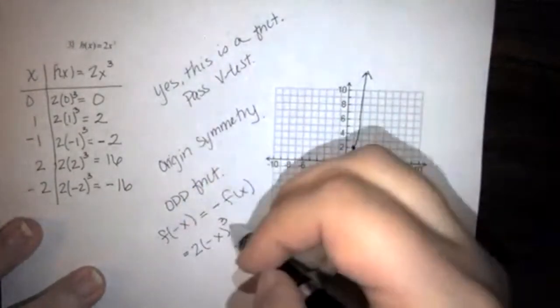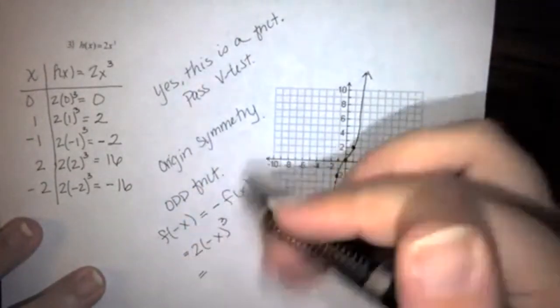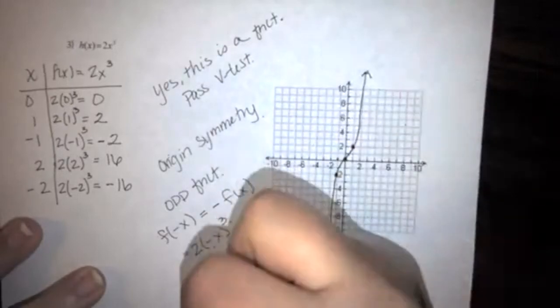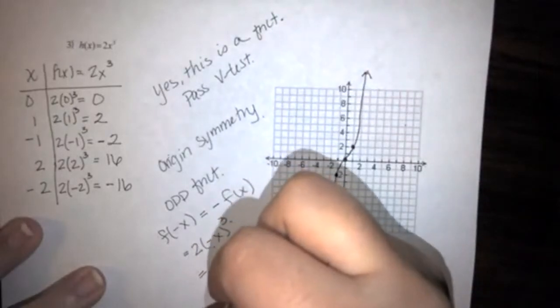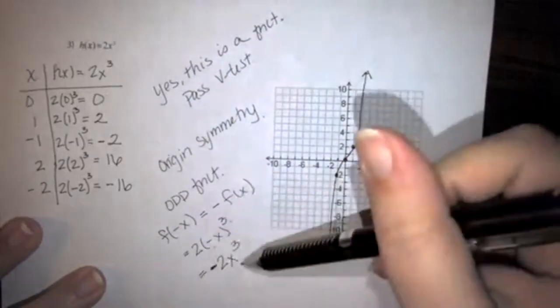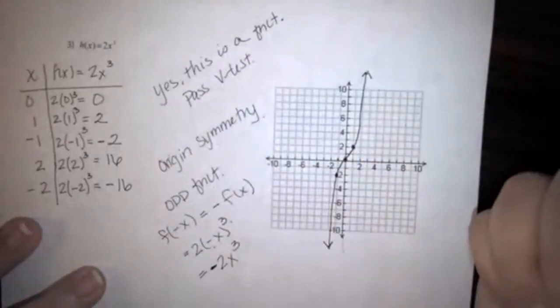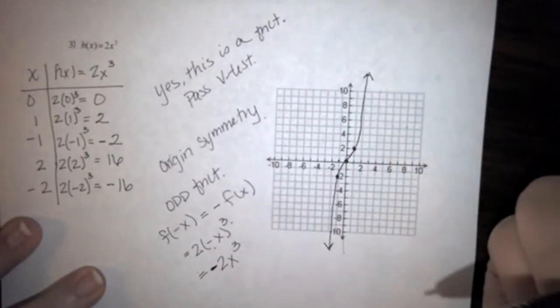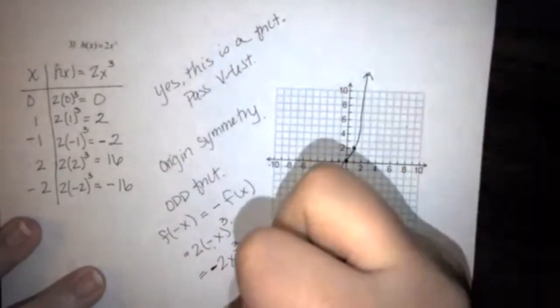When we simplify, negative x cubed times 2 is negative 2x cubed. Is this the exact opposite of what we started with? Well, that answer is yes. Therefore, this is an odd function. So that proves odd.